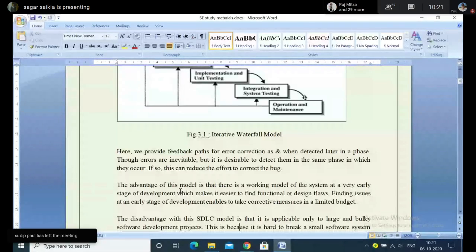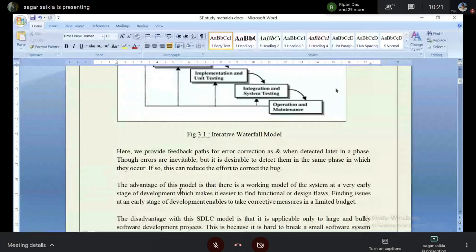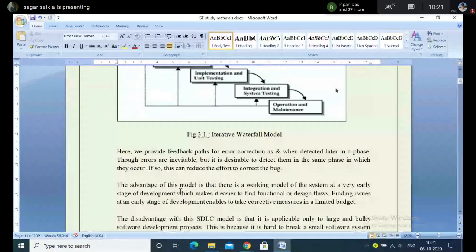One of you has said that iterative is basically a repetition of a process, isn't it?